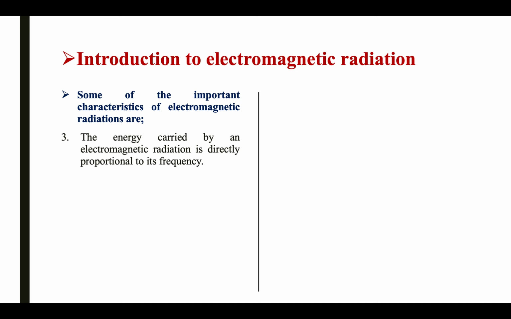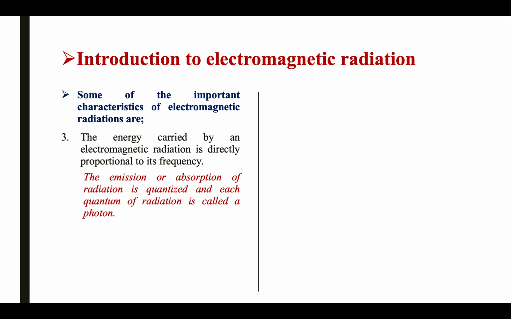The third characteristic is that the energy carried by an electromagnetic radiation is directly proportional to its frequency. So a particular frequency has a particular energy. It is always fixed; if it has a particular energy and behaves as a wave, then it has a particular frequency.